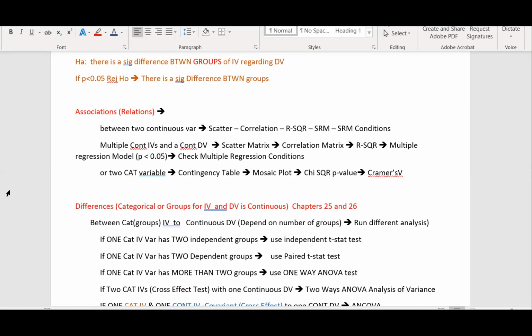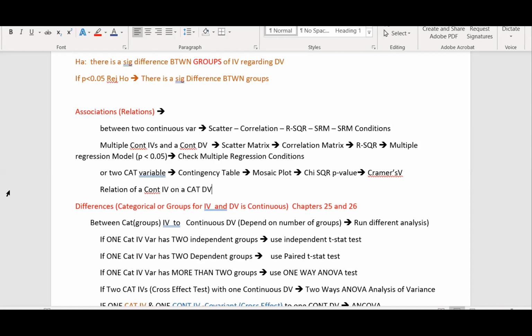And what is logistic regression? Logistic regression is when you have a continuous IV affecting, or maybe we should say association or relation, of a continuous IV on a categorical DV.